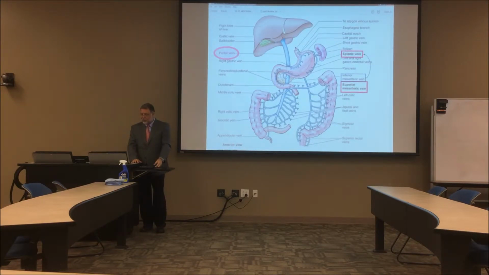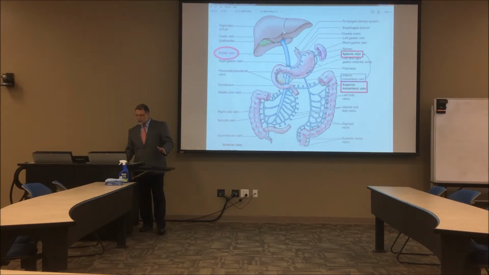So here you can see a better description of how the portal vein is formed from the splenic vein coming here, which crosses behind the stomach and joins the superior mesenteric vein, which is carrying everything from the small intestines, the ascending colon, and half of the right middle transverse colon. The left is going to go to another, like I said, we're not going to talk about it right now.